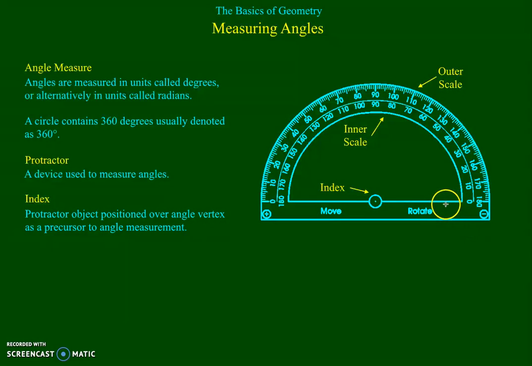But in either case, you want an index that is collinear with an index line, because this index line is going to be lined up with one of the rays of your angle. So it's really important that this and this are at the same level.